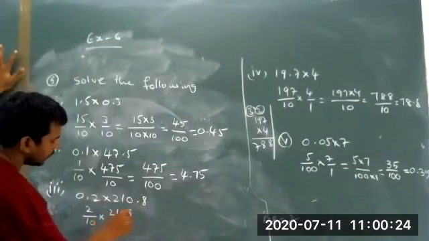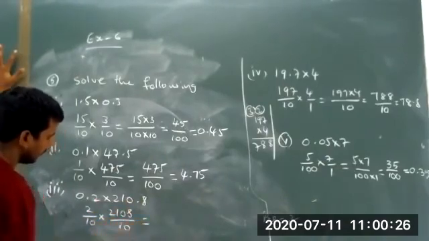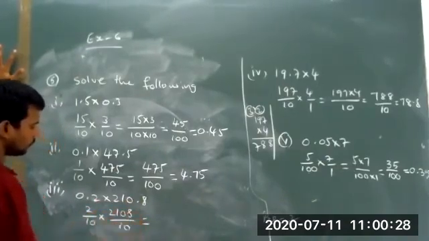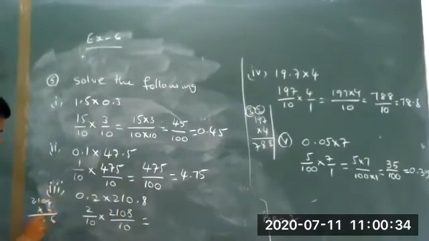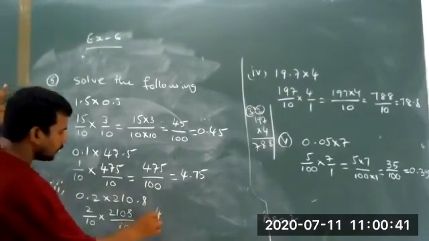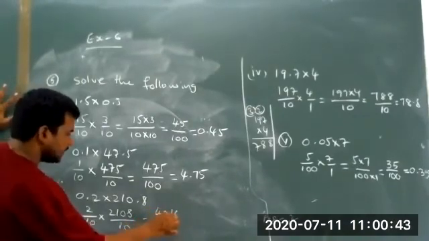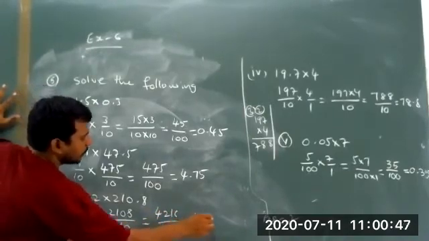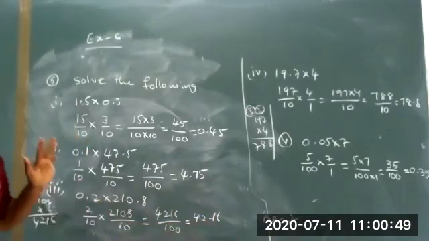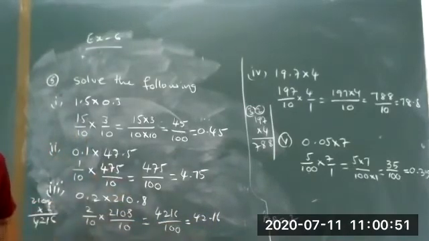So 2 into 2108 by 10 into 10. 2 times 8 is 16, 1 carry 1, 2 times 0 is 0 plus 1 is 1, 2 times 1 is 2, 2 times 2 is 4. So 4216 by 100 equals 42.16. That is the answer.